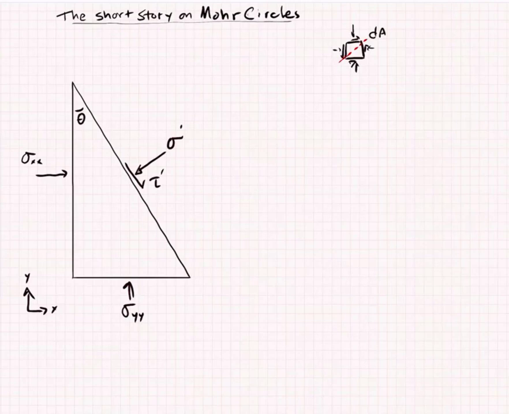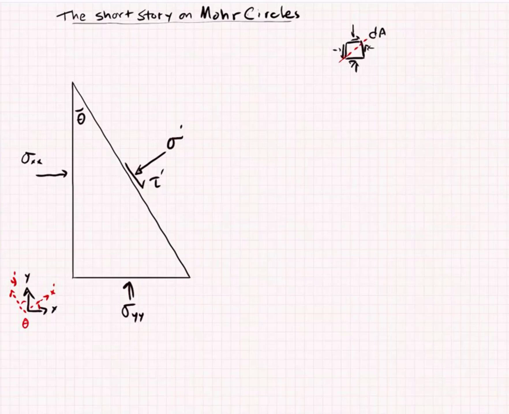And to do that, instead of balancing forces along the xy coordinate directions, I'm going to balance them along a set of axes that are aligned with the normal and shear stresses acting on that cut surface. In other words, this x prime, y prime axis is rotated by the angle theta from the xy axis.